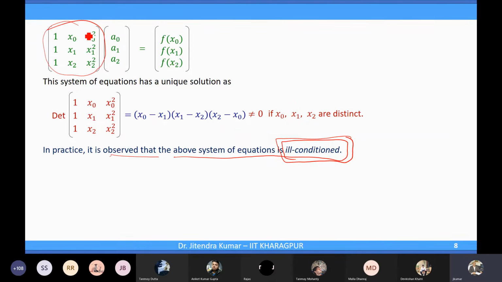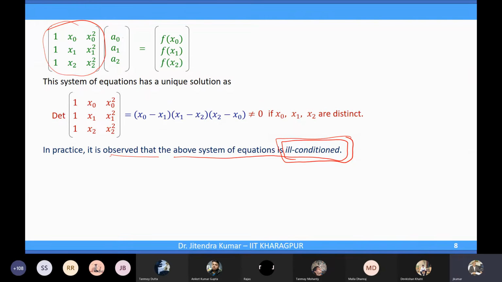Wherever you have such a system, with a1 x naught, x naught square, x naught cube, x naught to the power 4, powers of that number, it is observed that with the system of equations we get out of polynomial interpolation, when the degree is large, it is a problem. Of course, for degree 2 and 3 it's not. For example, with a 9-degree polynomial, solving the system of equations is not easy.